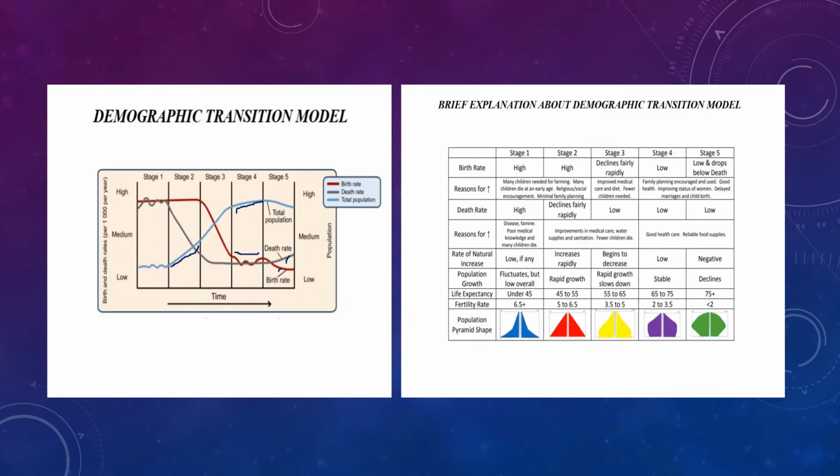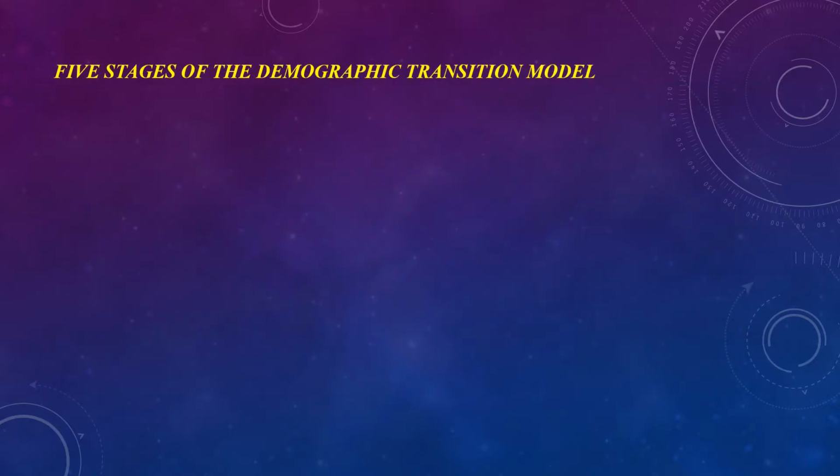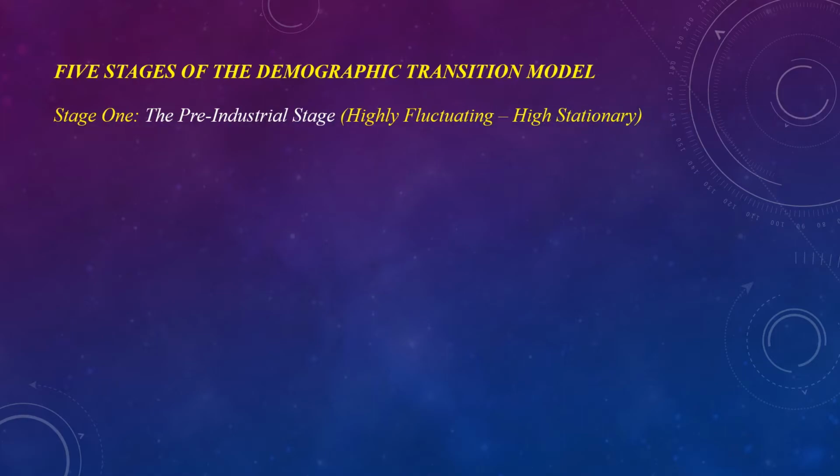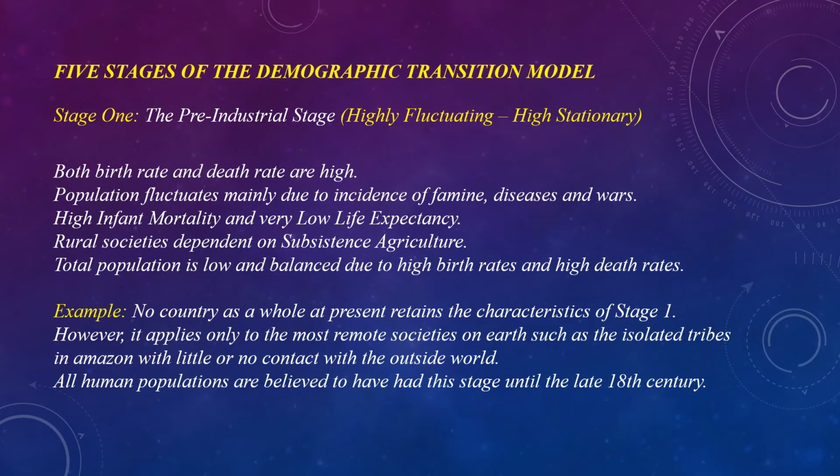So we can say that in the demographic transition model, we have these 5 different stages. Fine. Now, the main features of these 5 different stages of the demographic transition model are: first, stage 1, which is known as the pre-industrial stage, where we see high fluctuation and a high stationary level of population.